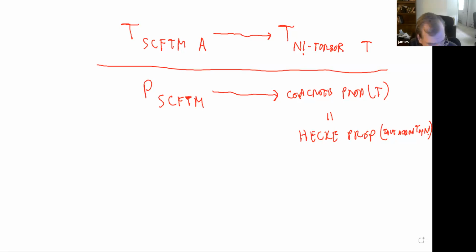You can talk about general Hecke tensors being invariant under the action of, in this case, the group n bang, the action of that on T. Sorry, I'm just trying to distinguish carefully between two different actions that you could talk about invariance under. If you have a tensor, you could talk about permuting the indexes.